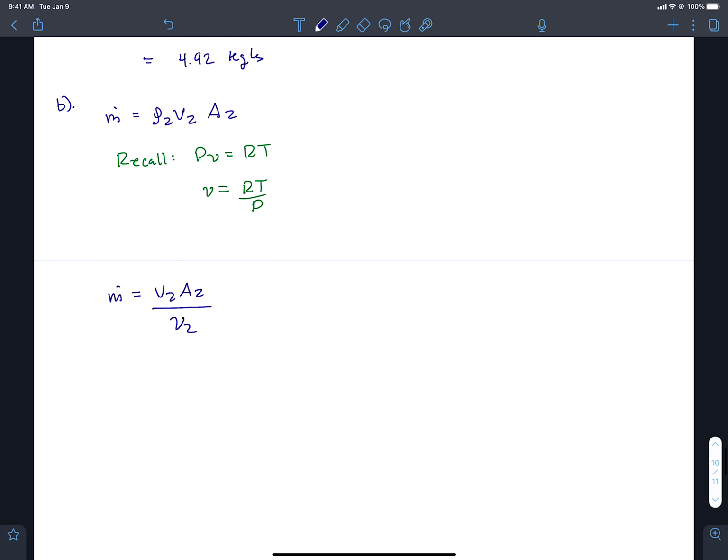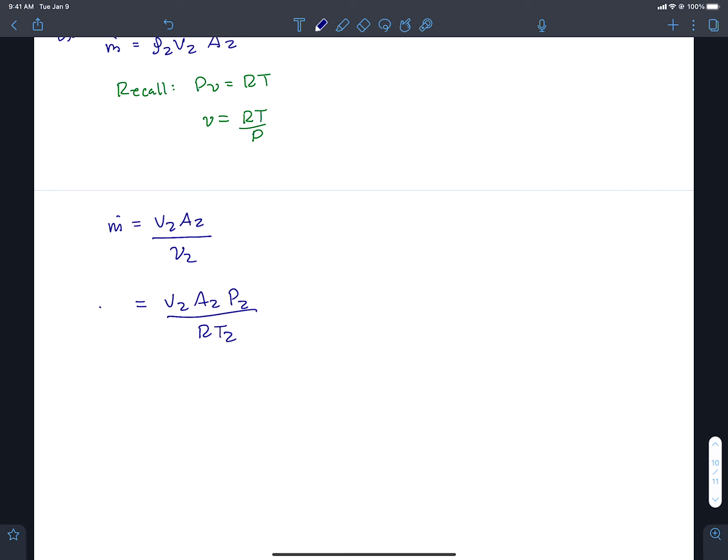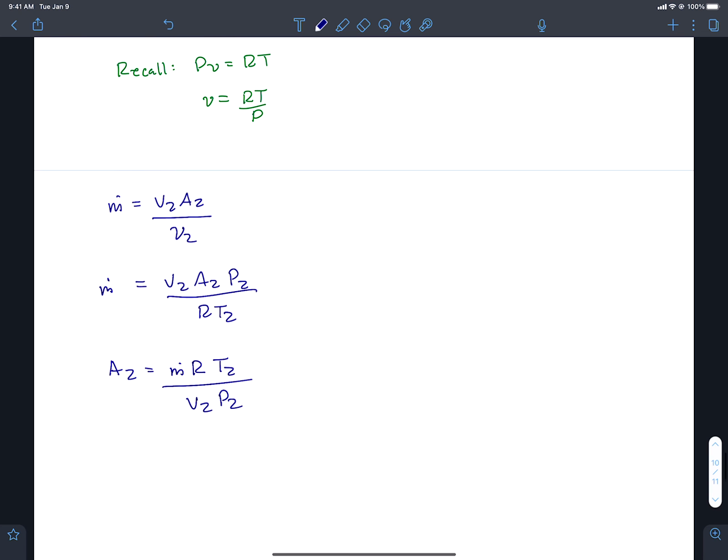And then this equals V2 A2 P2 over R T2. And now just solving for A2. So we have A2 equals M dot R T2 over V2 P2.